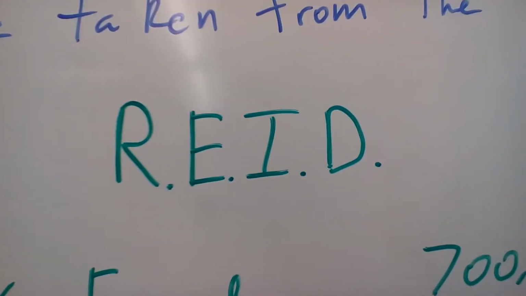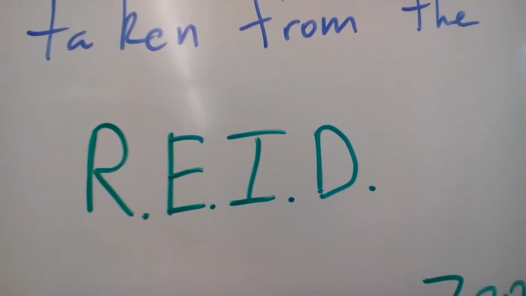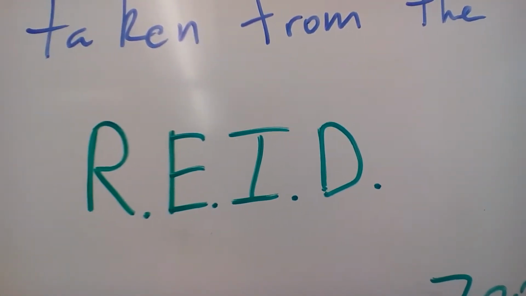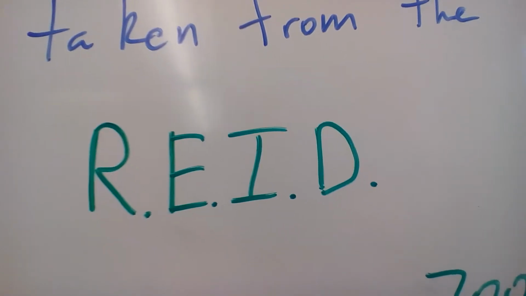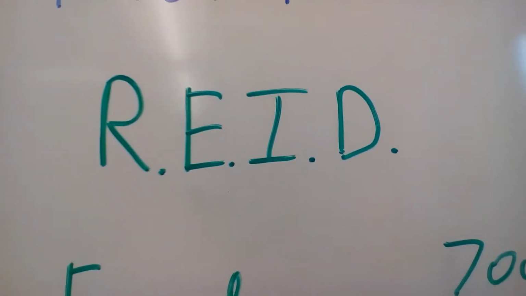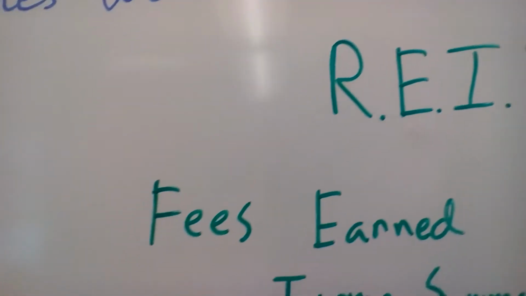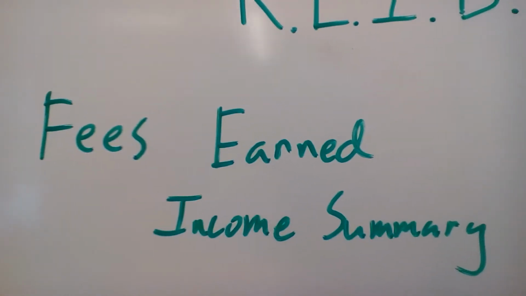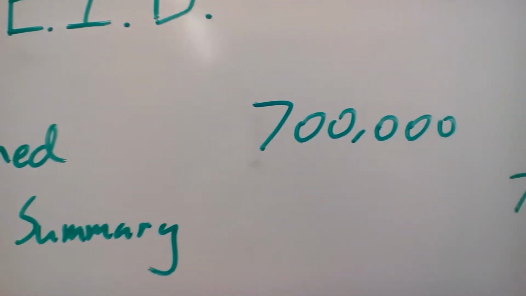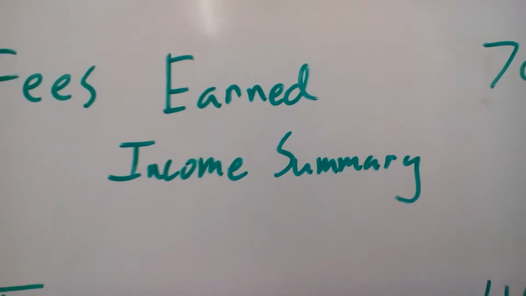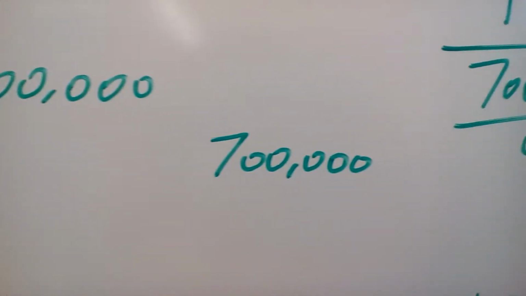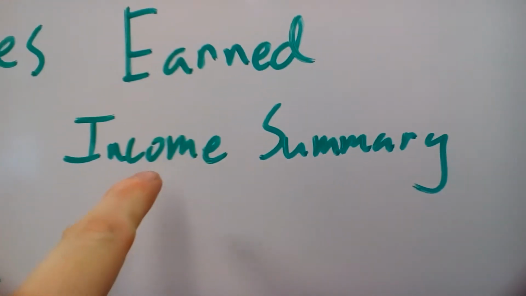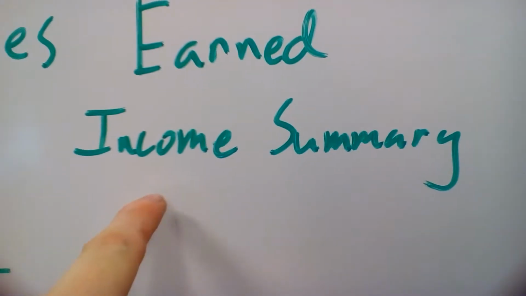This is where the acronym comes in, READ, which means revenues, expenses, income summary, and drawing. That's the order we close things in, and I'll show you how it works. Fees earned is normally a credit, so to get rid of it, we debit it for 700,000, and we credit the income summary. Income summary is a temporary holding account.